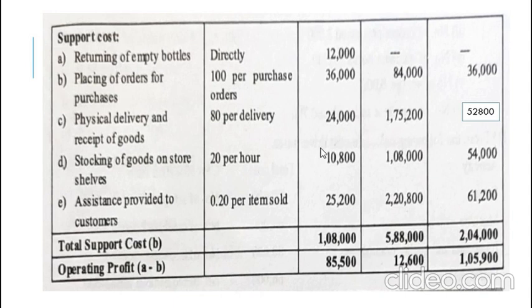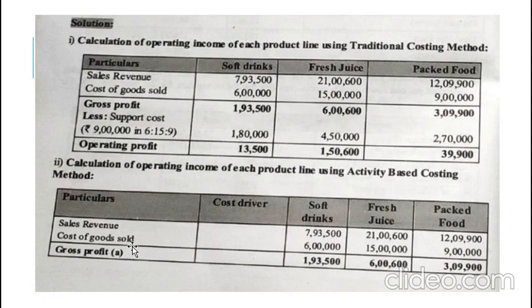Now the total support cost for soft drink is 1,08,000, for fresh juice 5,88,000, and for packed food 2,04,000. We are supposed to find our operating profit. Our gross profit for soft drink is 1,93,500, for fresh juice 6,600, and for packed food 3,09,900.